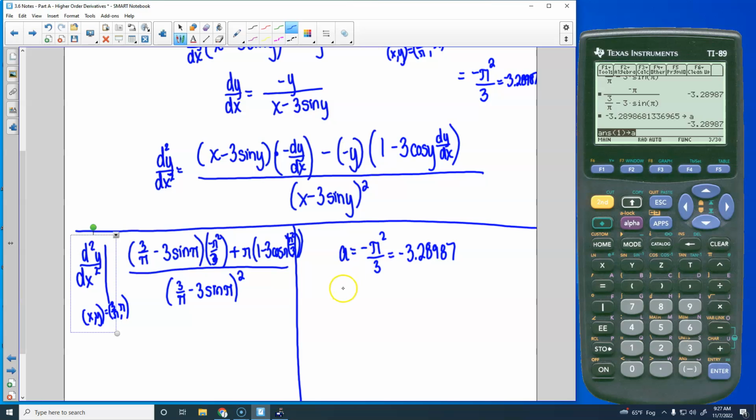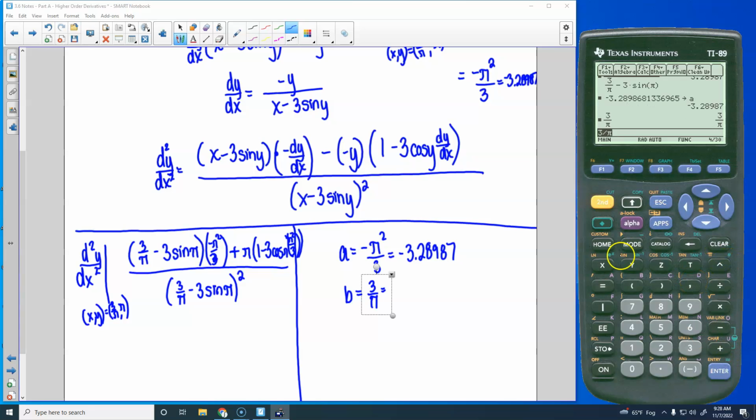I'm going to let B equal 3 over pi, which is 0.95493.